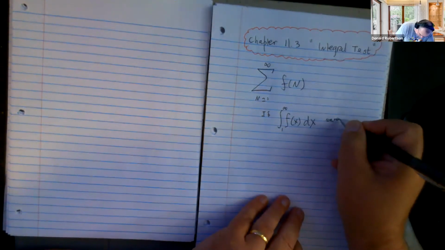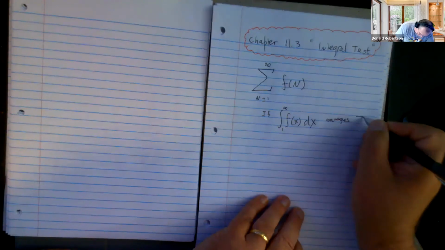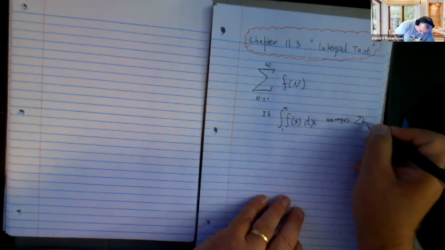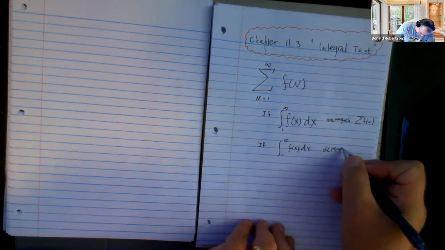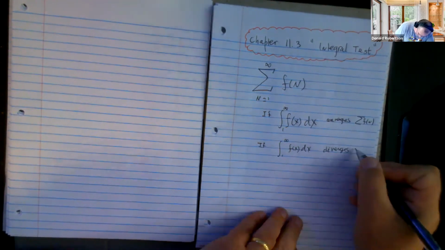If the integral from 1 to infinity, it's called an improper integral, converges, then your series also converges. And if this guy diverges, then so does your series.